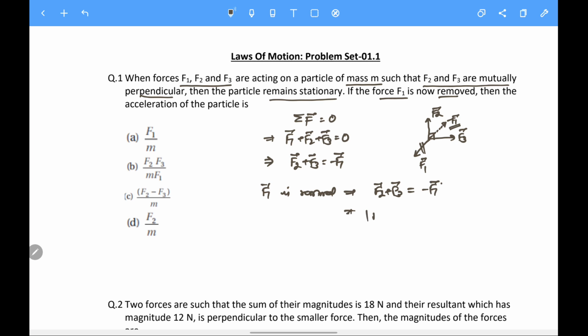This implies that magnitude of remaining force is equal to magnitude of F1. So acceleration will be equal to net force over mass. We can write magnitude without mod and arrow. This is the magnitude of F1 divided by the mass of the particle, that is m. Option A is correct. Next question.